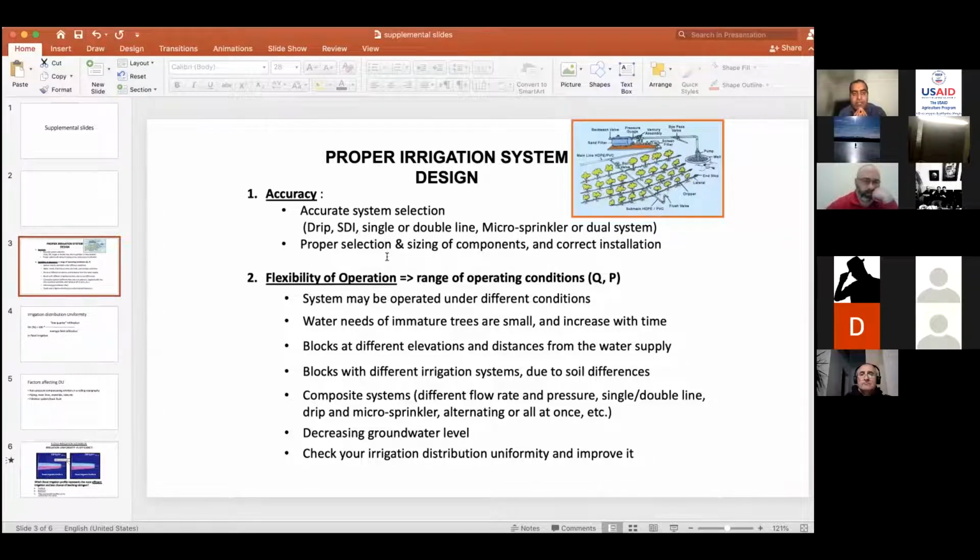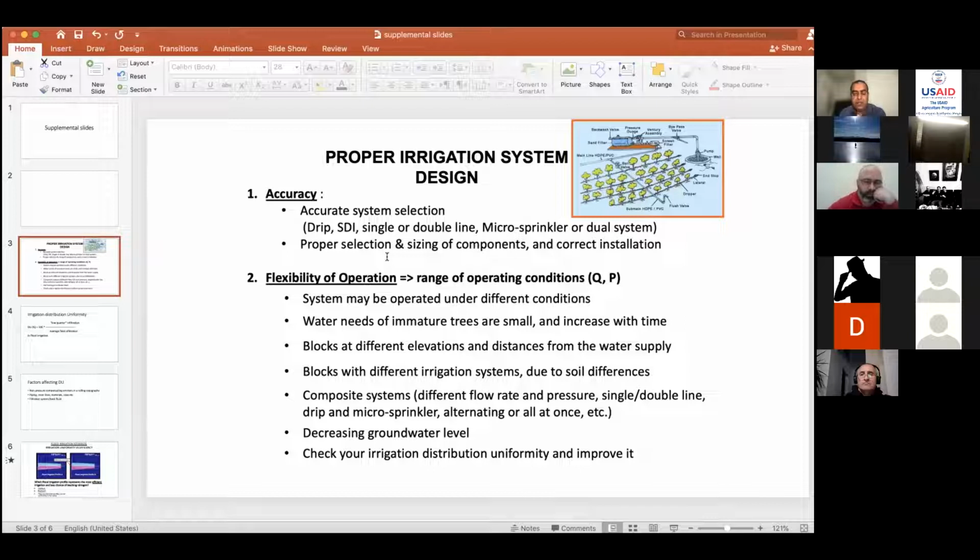What is important in accuracy is proper selection and sizing of components and the correct installation. There are a lot of different calculations, and I'm sure there is a lot of help from the industry. There are good irrigation companies working in Georgia, and they have the in-depth knowledge of the irrigation system design. So that is the first thing to get started when you are planting a new orchard or establishing a new orchard.